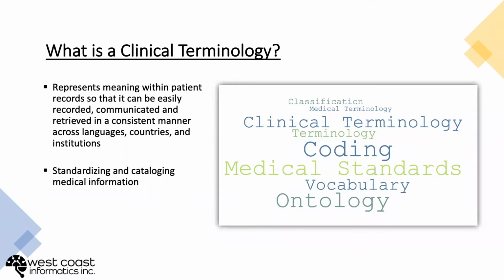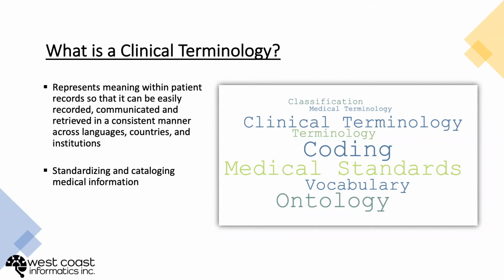The next generation didn't come around until the late 1800s with ICD, International Classification of Diseases, and that got standardized in the 40s. And then SNOMED came around in the 60s, and that led to the modern instance of SNOMED in 2002, SNOMED CT. And then LOINC has been around since the early 90s.